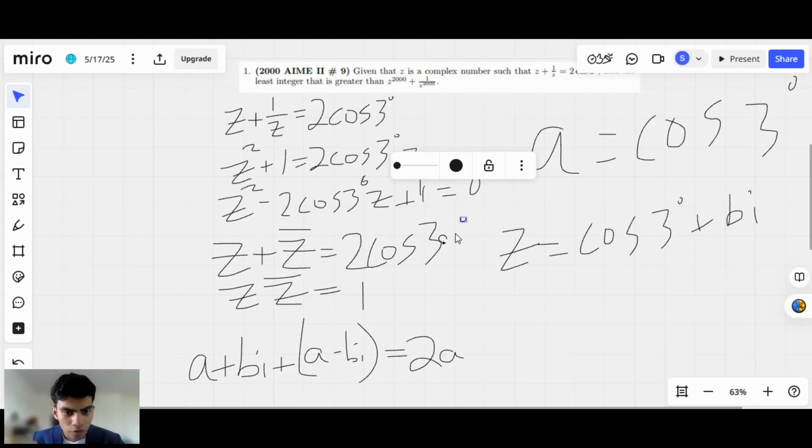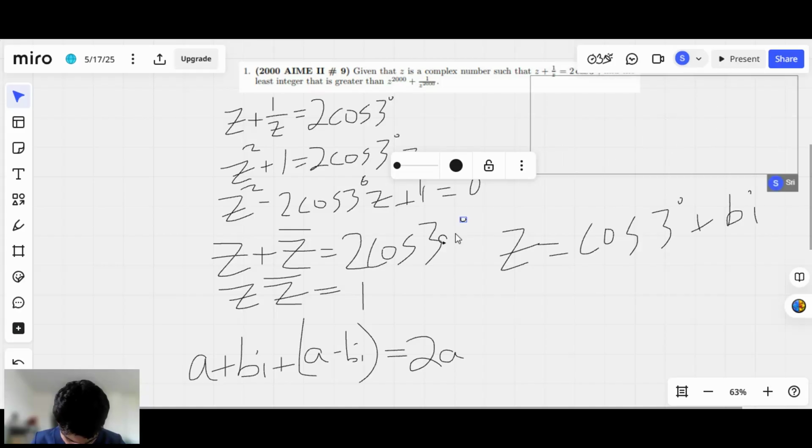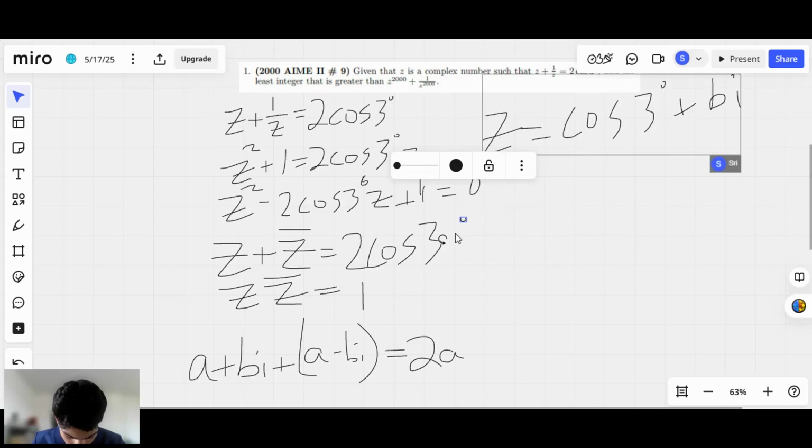So now we have to figure out the value for b. Let me get rid of this right here and then move this. Now let's try to figure out what the value of b could be. So let's go back to the second equation that we had written: z times z conjugate equals 1.